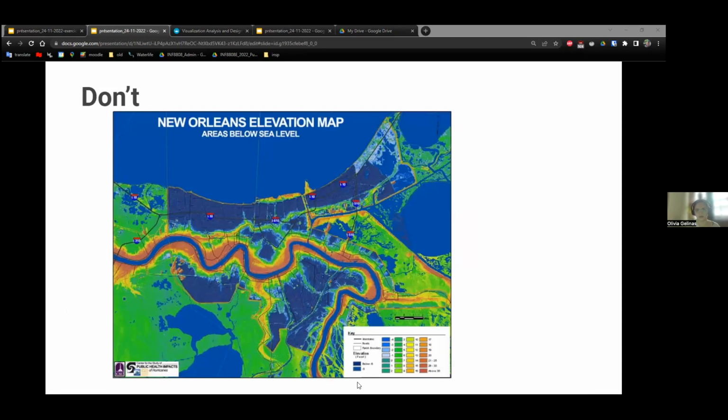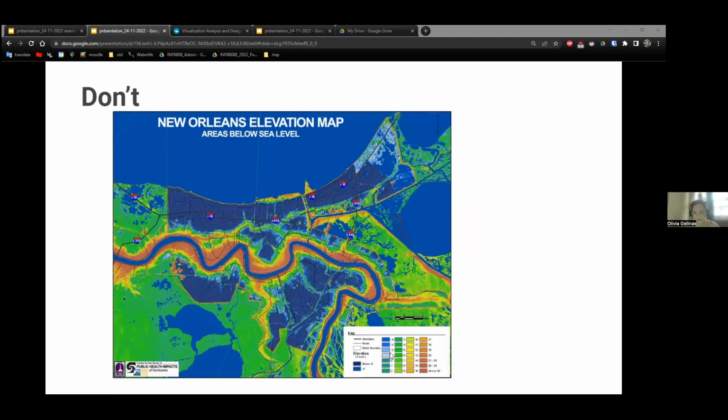And here, it's an example of what not to do. So once again, in terms of the use of channels that are ordered or categorical, this is a map of New Orleans that shows the elevation in terms of the sea level.